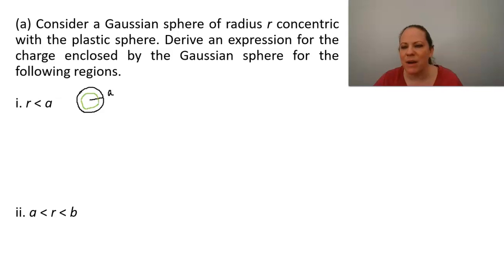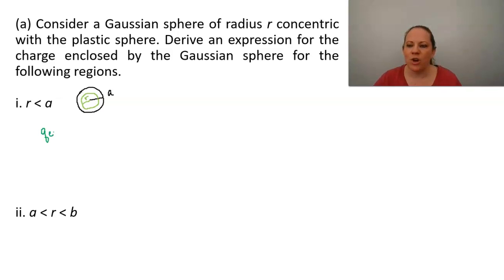Okay, that's a slightly better drawn circle there, to show our Gaussian sphere. So we need an expression for how much of the volume of the sphere has been enclosed, because that's what portion of the charge that's on the sphere will be enclosed by our Gaussian sphere. So here we go.